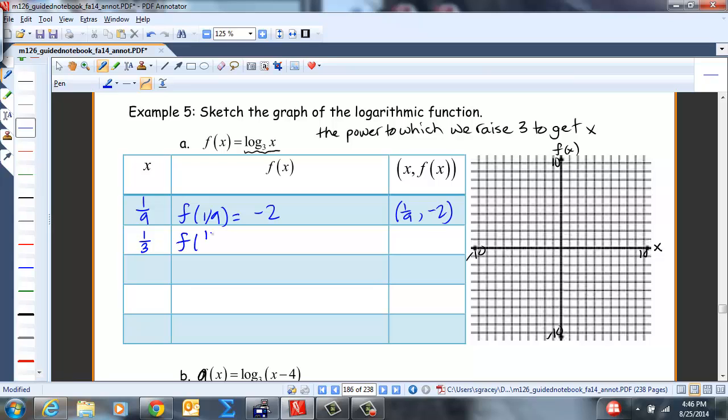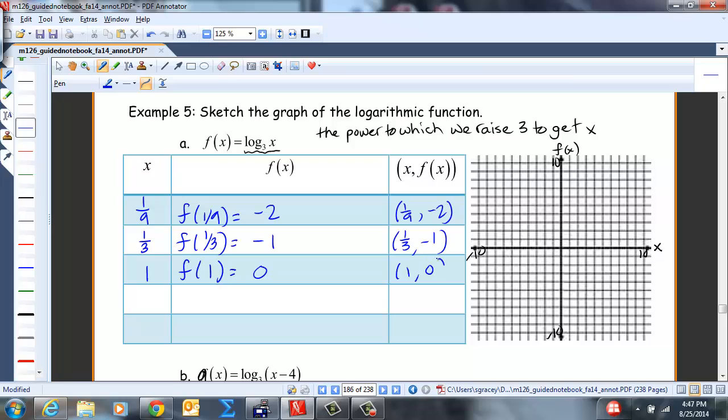So f at 1/3 is the power to which we raise 3 to get 1/3, which is, good, negative 1. And then f at 1 is the power to which we raise 3 to get 1, which is 0.